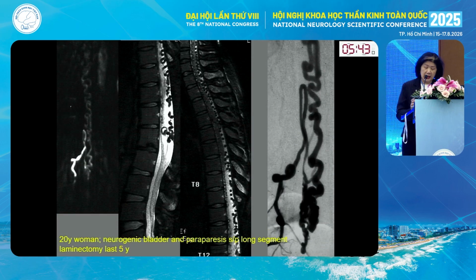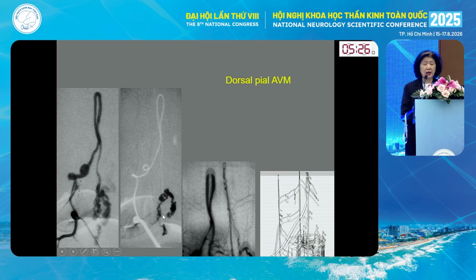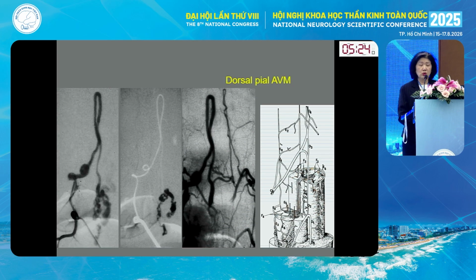You can have hematomyelia, you can have myelopathy, you can have big vessels. And this is the angiogram that shows you probably the shunt located there, at the surface of the cord. And if you have a chance to just close up the fistula, you can bring this patient to a curative treatment.